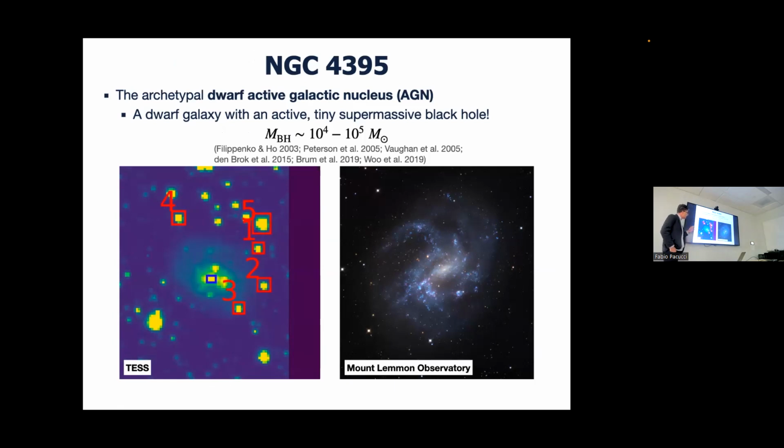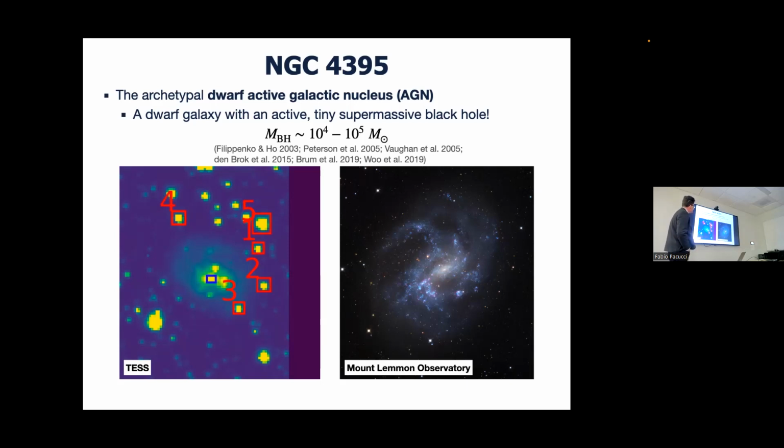NGC 4395 is interesting because it's one of the most well-studied small supermassive black holes out there, and it's nearby, so it's easy to study. It's been known to be highly variable in the X-rays and even in the optical.